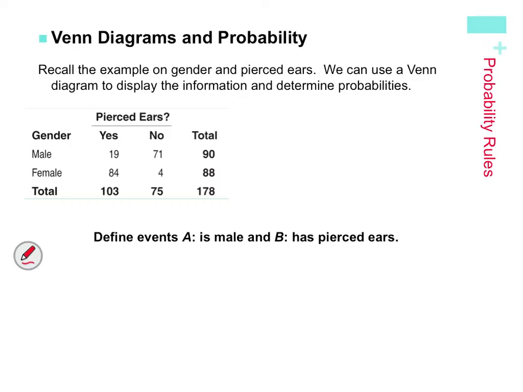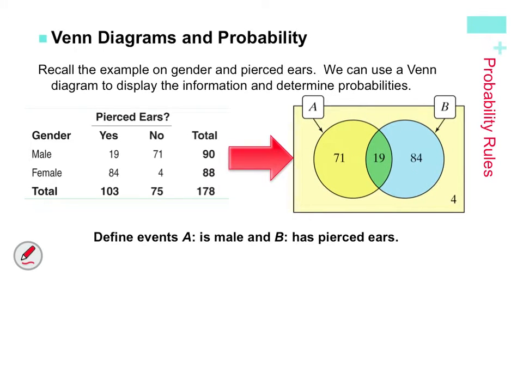Okay. So let's start making some Venn diagrams. Back to that example on gender and pierced ears. We can also use a Venn diagram to display the two-way table that appeared in that problem. In that two-way table, you had some information.